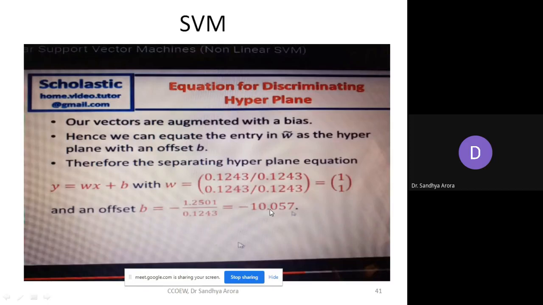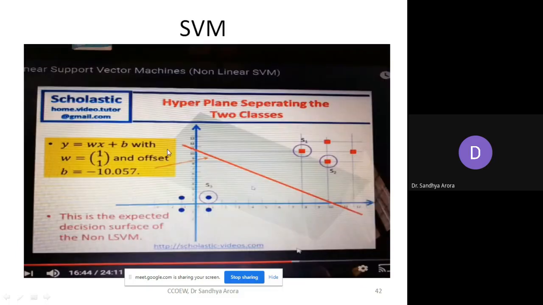So your plane equation is W1 is 1, W2 is also 1, your B value is minus 10.57. So this is how your plane will look, which is maximizing your margin using these support vectors.